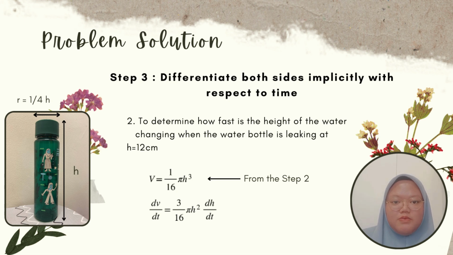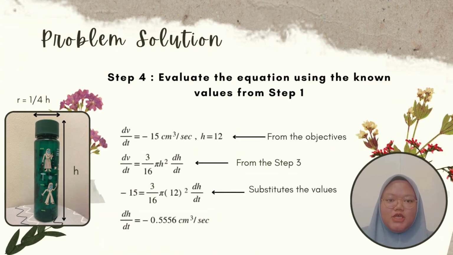Then, multiply 3 with 1/16 and get 3/16. Next, the power of 3 must be minus 1, and we get h squared. Since h depends on t, we should differentiate with respect to time and put the derivative of h with respect to t.